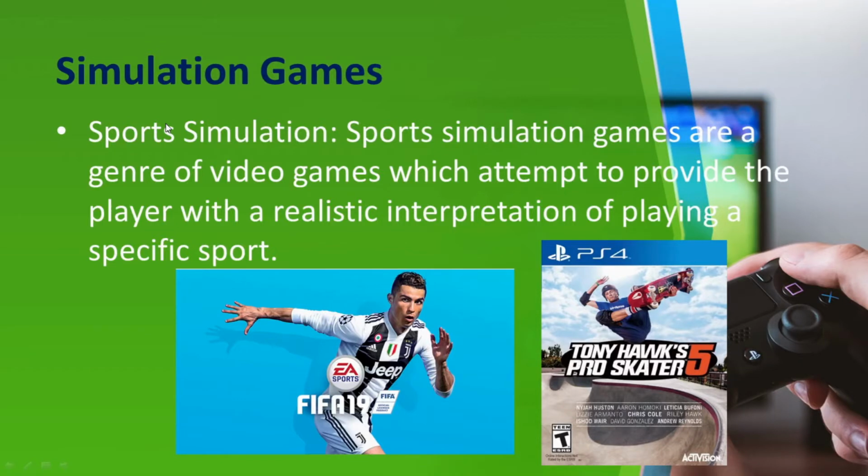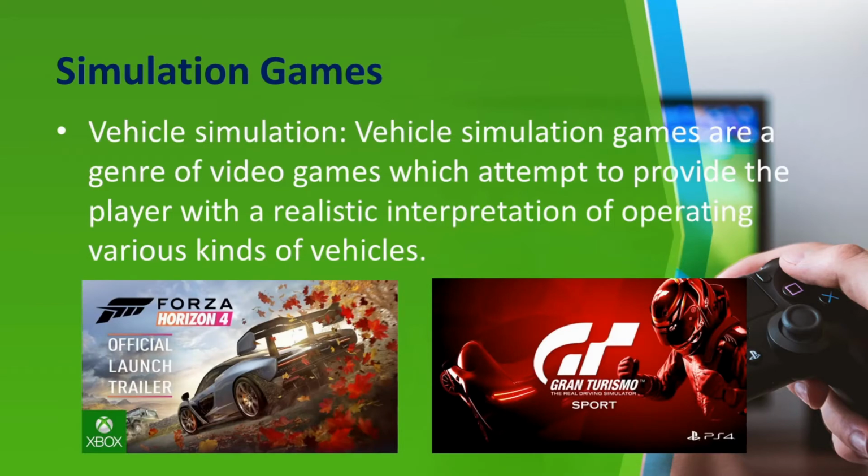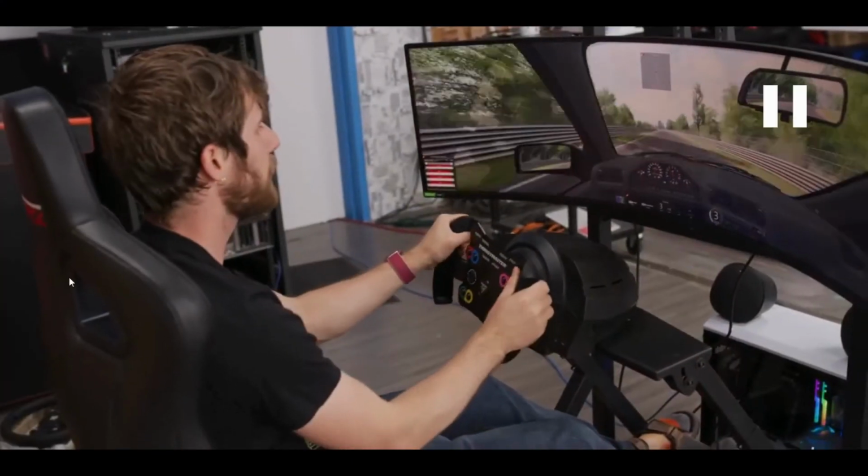In sports simulation, you can basically play using your keyboard on a PC or your controller on a console. But in vehicle simulation, in order to simulate how vehicles run, you'll need specialized gaming peripherals.